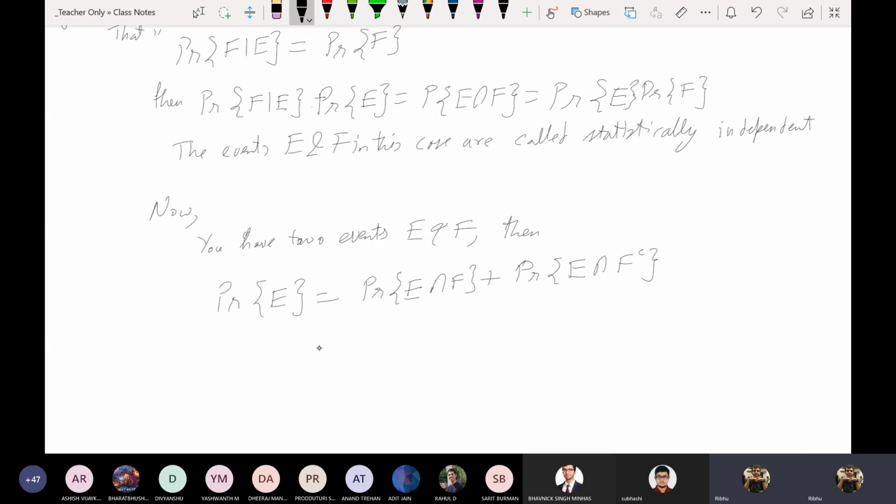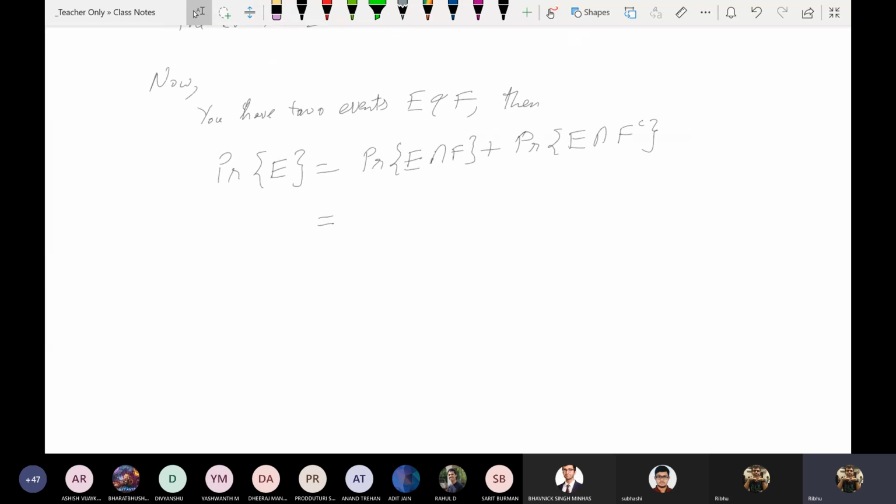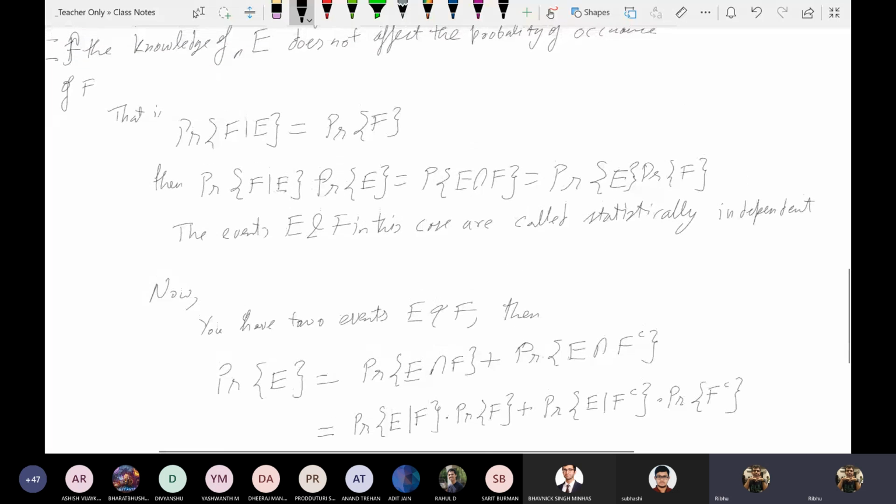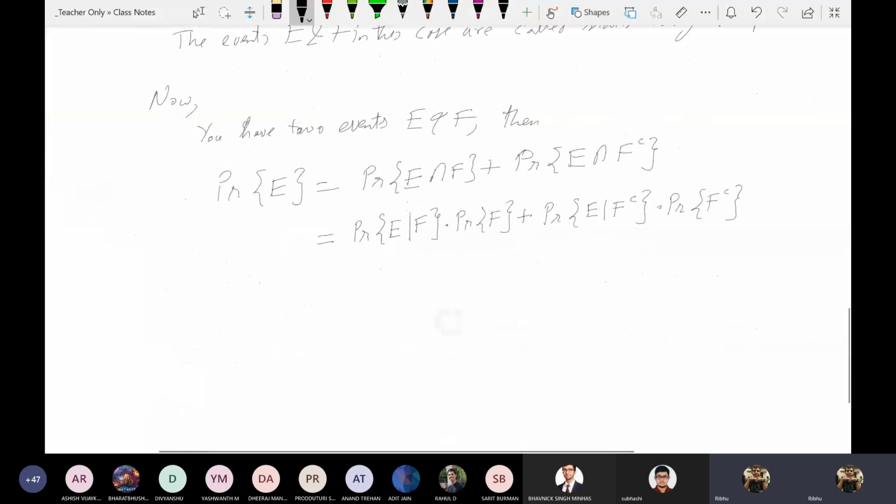Fine. Probability of E equals probability of E given F times probability of F, plus probability of E given F complement times probability of F complement. This gives us another way of writing the theorem. So we can write now, right?